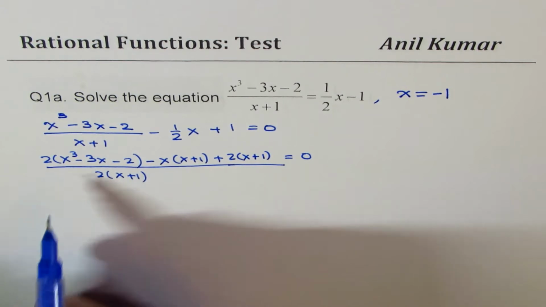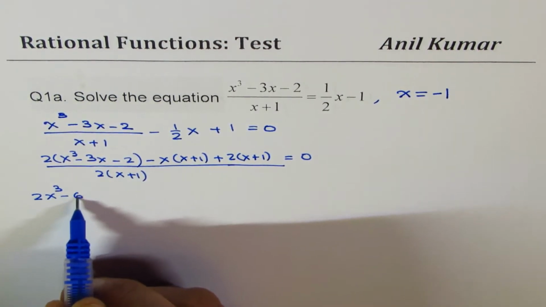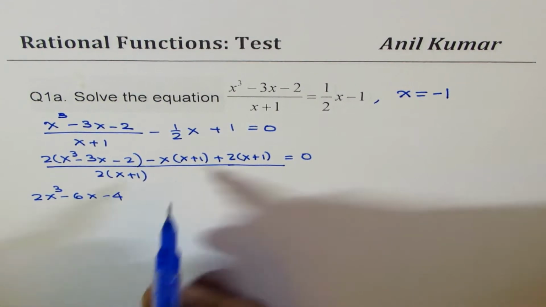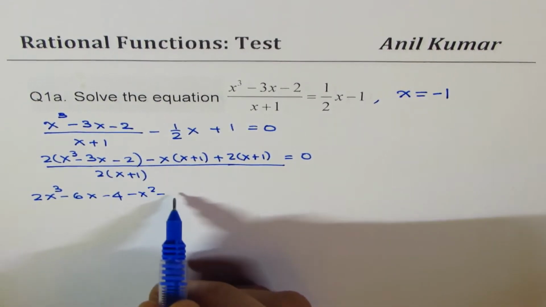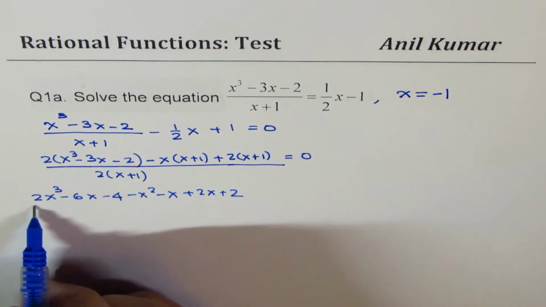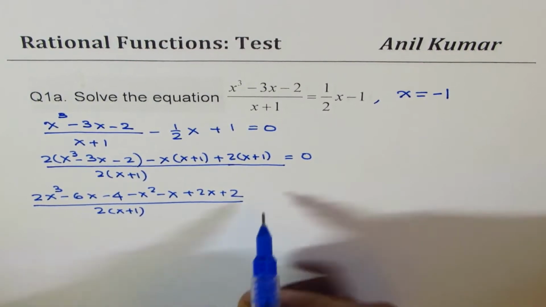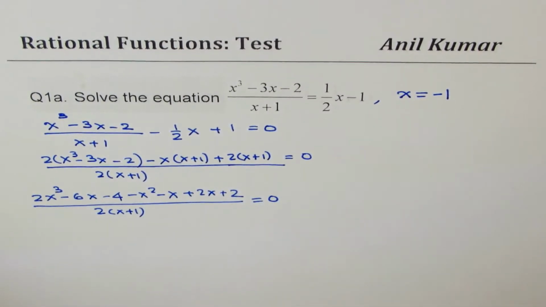Let's expand and simplify. So we get 2x cubed minus 6x minus 4 minus x squared minus x plus 2x plus 2, divided by 2 times (x plus 1), equals 0. So let's simplify the numerator.